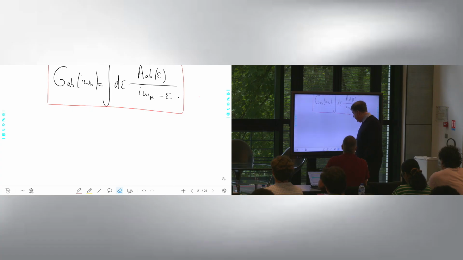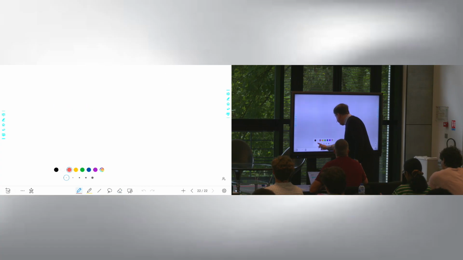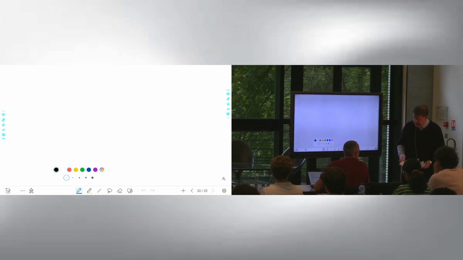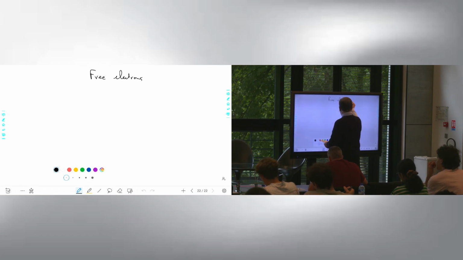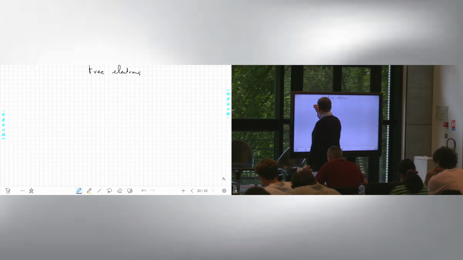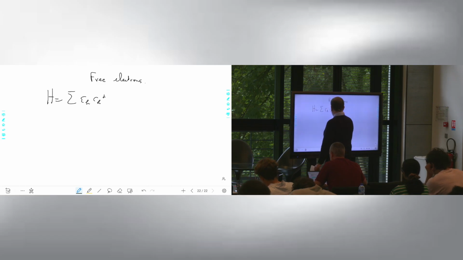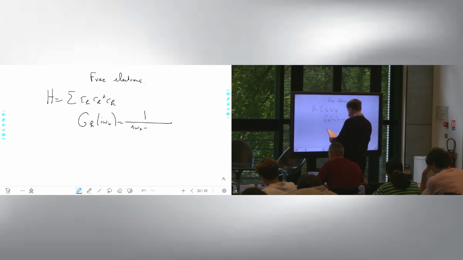First thing, before I want to do that, I want to record the results for free electrons, which we will need. Free or independent electrons. You can check that in case you have H equal sum over epsilon k, C dagger Ck, your Green function Gk of i omega n is going to be 1 over i omega n plus mu minus epsilon k.